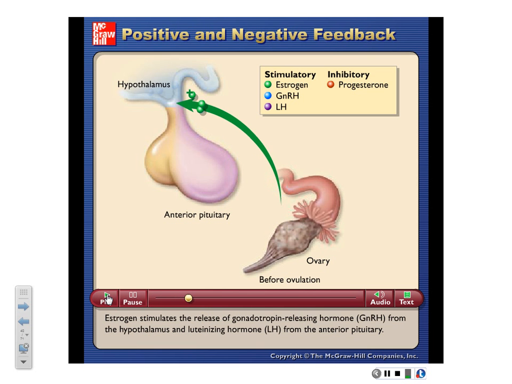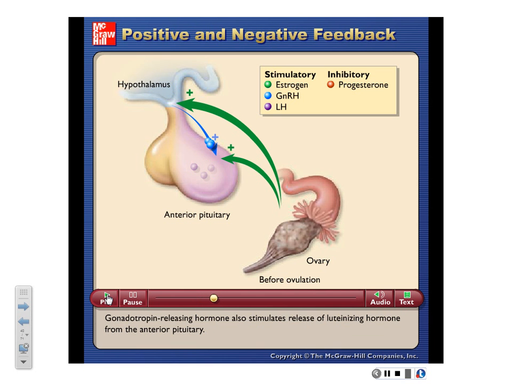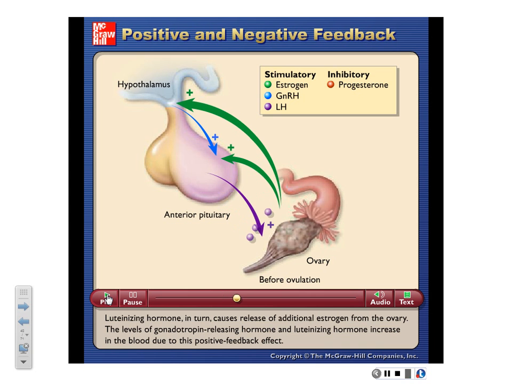The release of gonadotropin-releasing hormone from the hypothalamus and luteinizing hormone from the anterior pituitary. Gonadotropin-releasing hormone also stimulates release of luteinizing hormone from the anterior pituitary. Luteinizing hormone, in turn, causes release of additional estrogen from the ovary. The levels of gonadotropin-releasing hormone and luteinizing hormone increase in the blood due to this positive feedback effect.